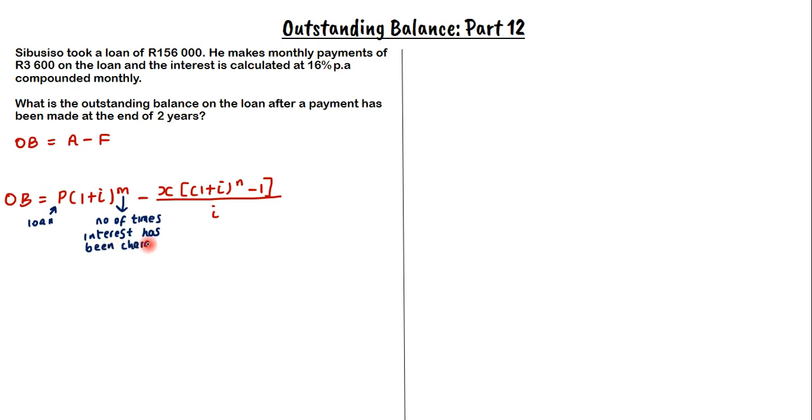And if you remember, when we talked about future value, N tells us the number of deposits you've made. So this is still the same: it is the number of deposits made.